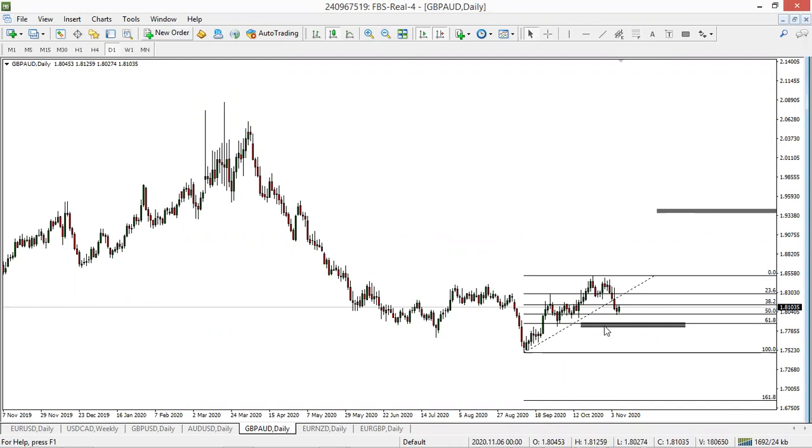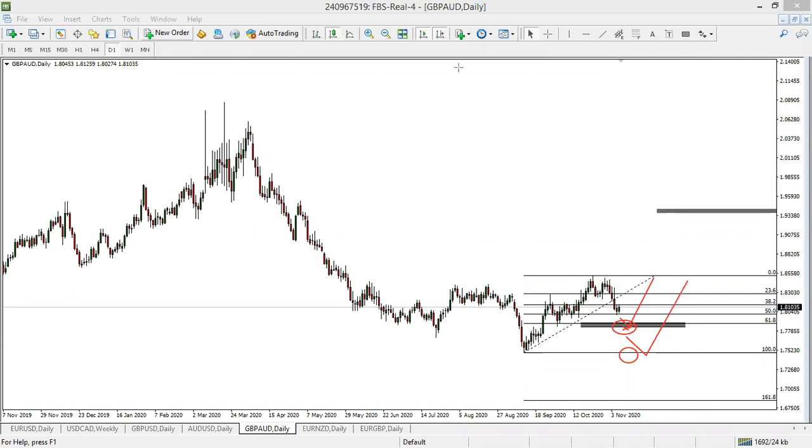I'll be looking at evidence, what price does. When I say evidence, I'm looking at price action at this level and at this level to determine my actions. I'll be looking to buy if this continues down, or if this doesn't hold, I also look at this support again to buy to the top.